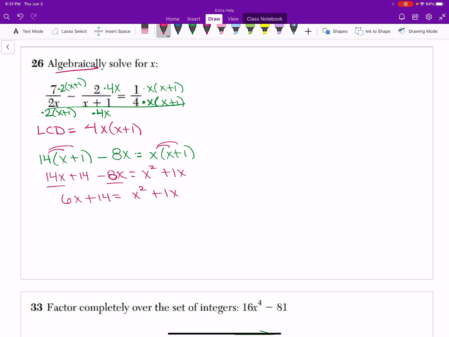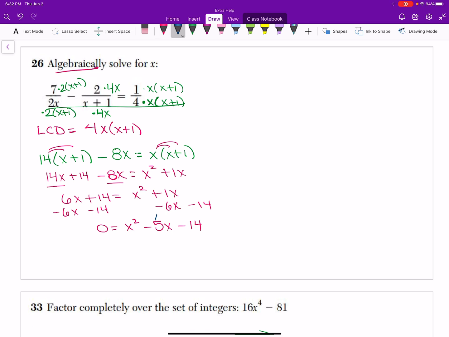If you're dealing with a squared and solving an equation, we set it equal to 0. So I'm going to subtract the 6x over and subtract the 14. So I get 0 equals x squared minus 5x minus 14.